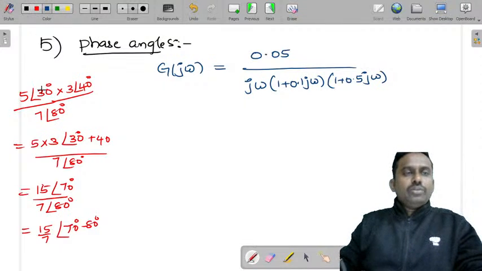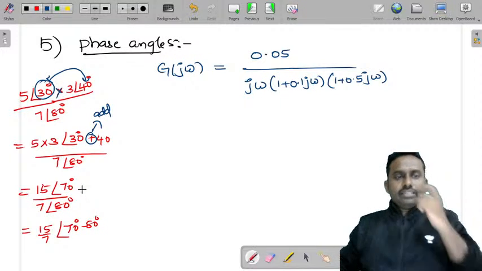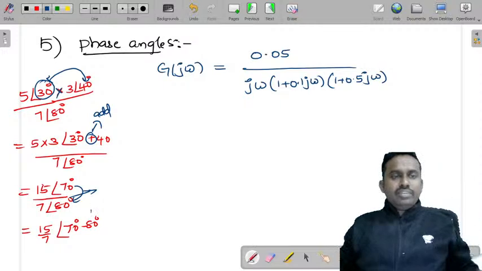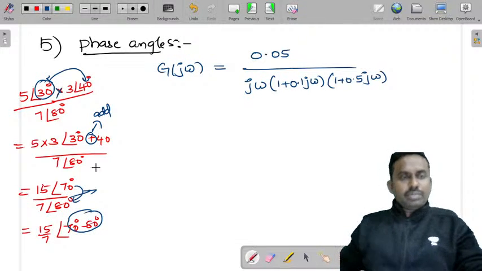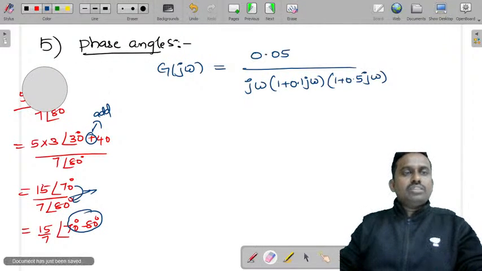The point I would like to tell here is, if you have a multiplication, you will add the angles. If you have a division, you will subtract the angles. Just remember this concept.